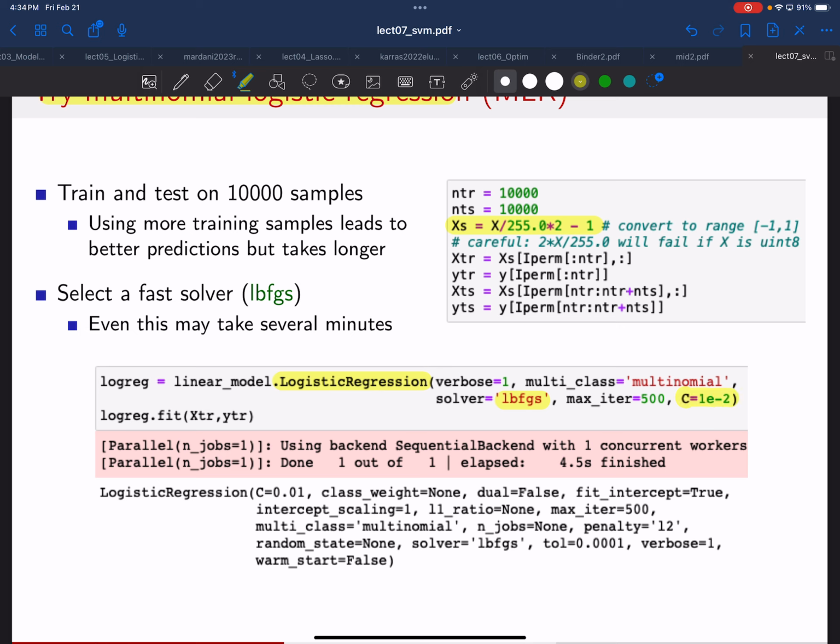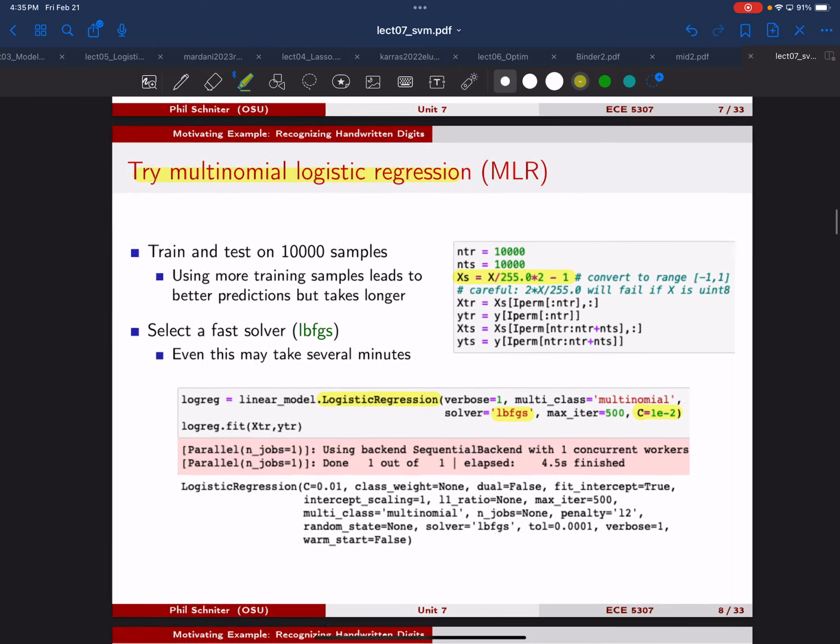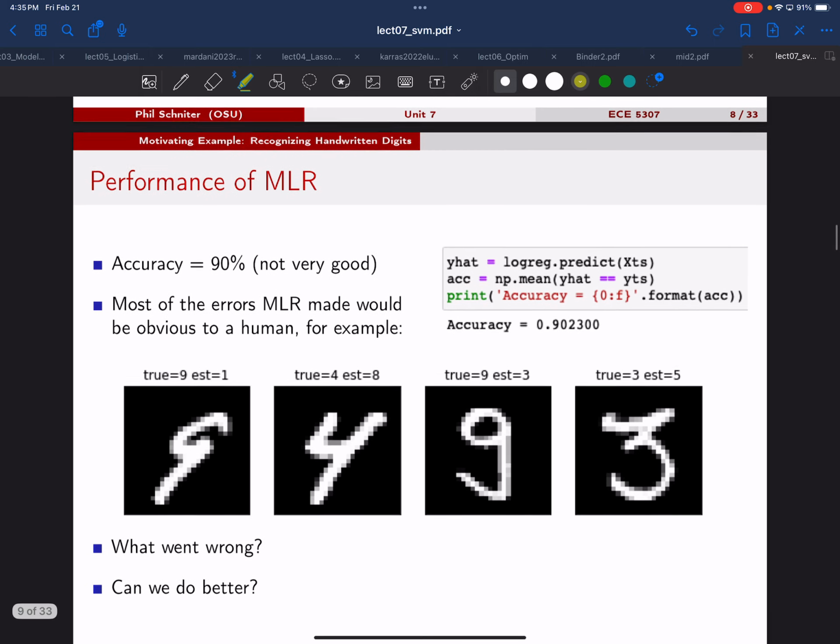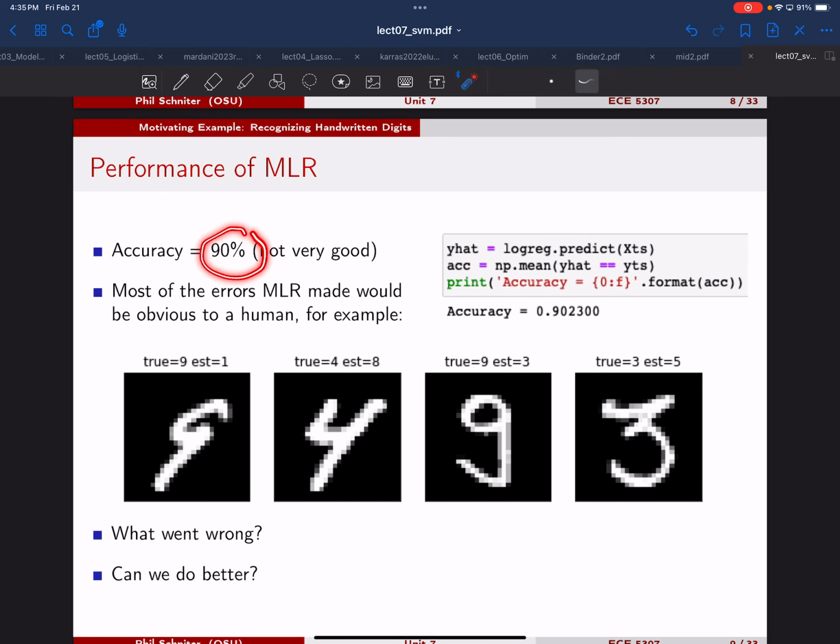I don't remember exactly why that regularization on the L2 was chosen, but when we do this, we get 90% accuracy, which is kind of maybe expected. If you remember, there's that table we saw earlier that was showing like 7.9% error rate. So this is 10% error rate. And it's a little bit worse because we didn't use the full data set. We didn't tweak all the parameters, so it's sort of in the ballpark of what we would expect. But still, 90% is not really great.